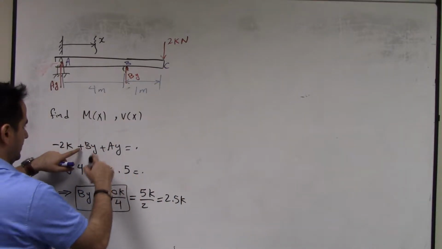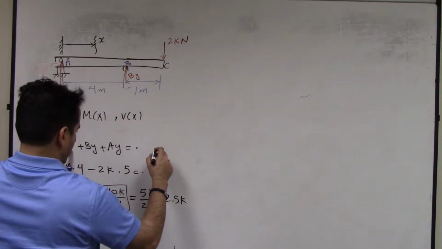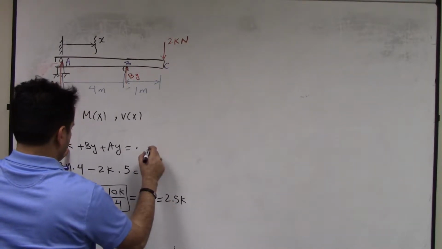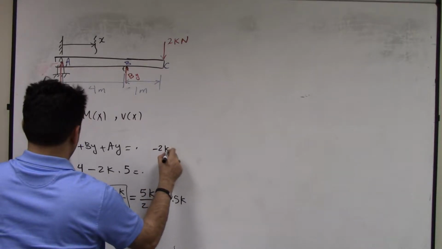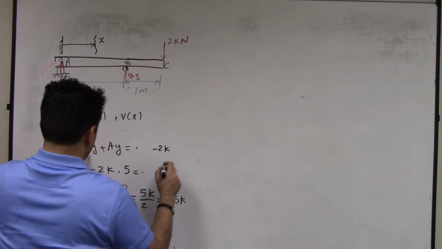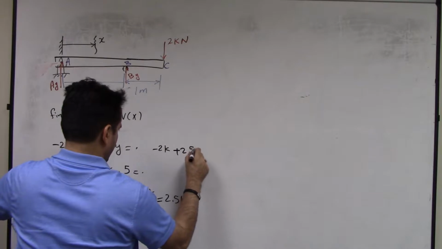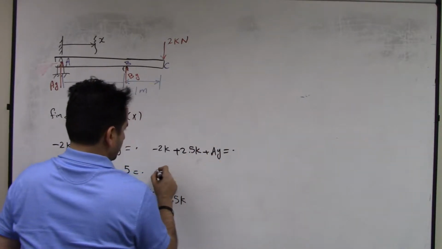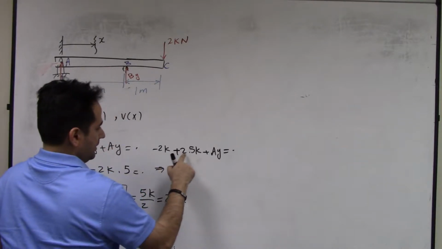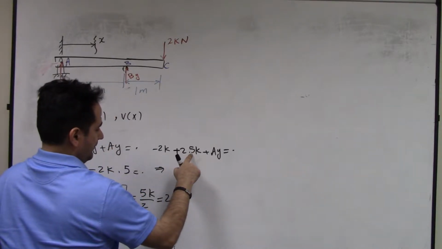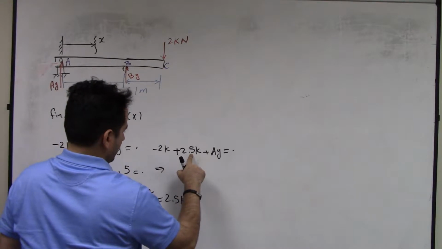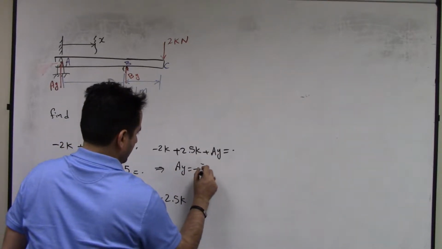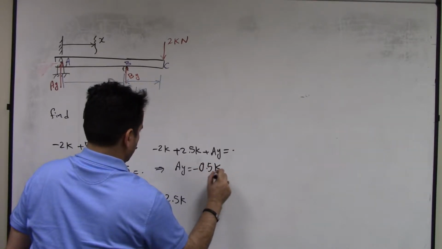You put it here, and then Ay: negative 2K plus By, 2.5K, plus Ay is equal to 0. Then it's going to be positive half a K, so Ay is negative 0.5K.